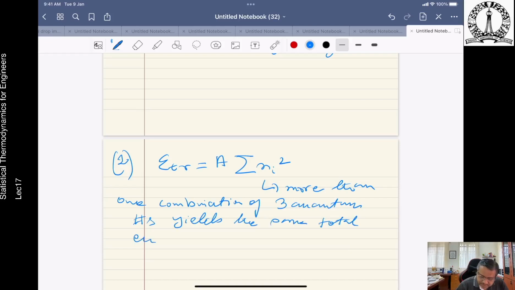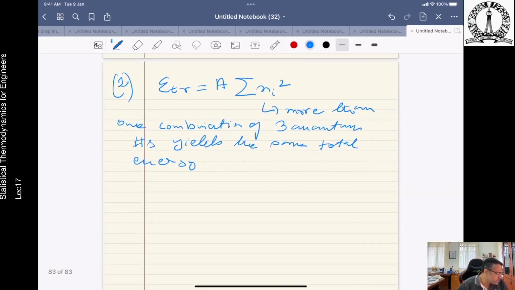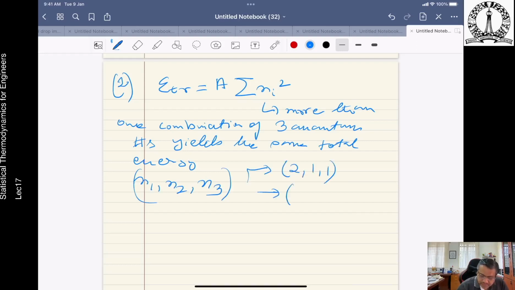As an example, let's assume the triplets n1, n2, n3: 2, 1, 1, and 1, 2, 1, and 1, 1, 2.